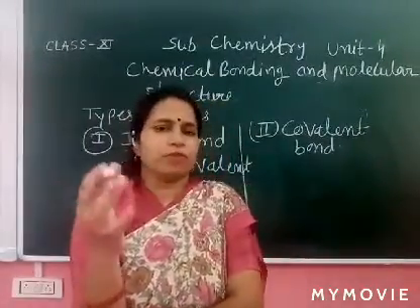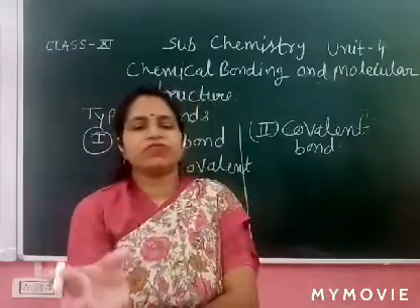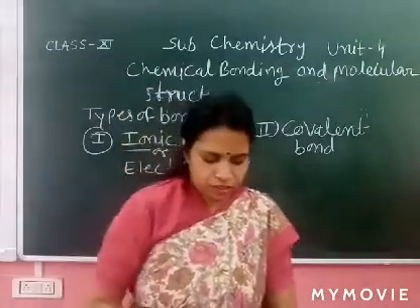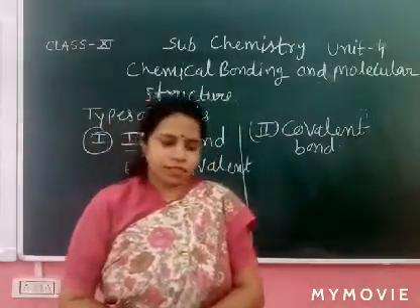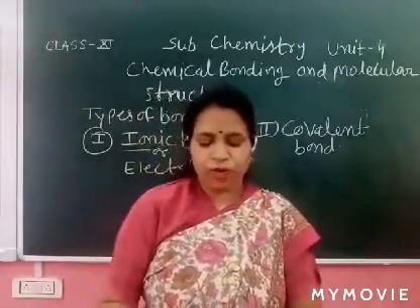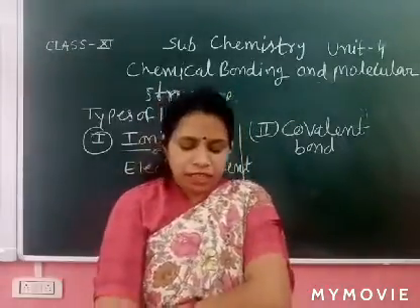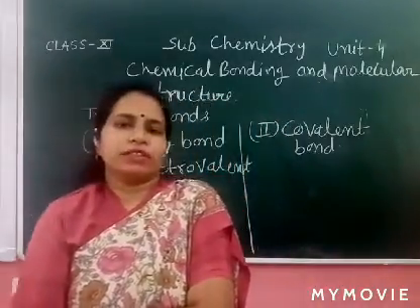The donor acquires the positive charge and is called the cation, and the acceptor acquires the negative charge and is called the anion. So when a bond is formed by complete transference of the electron from one atom to another, it is called ionic bond.